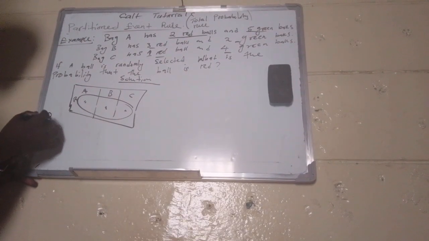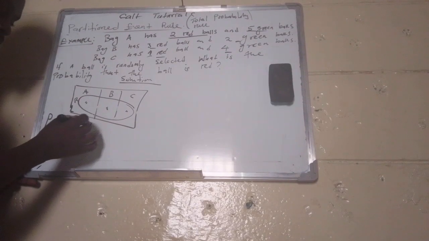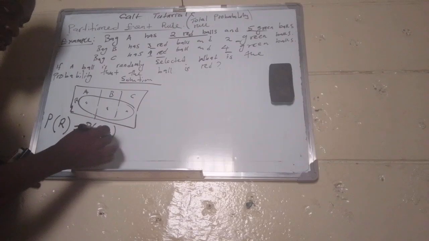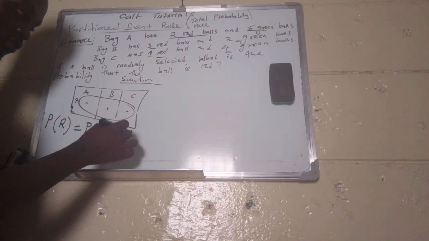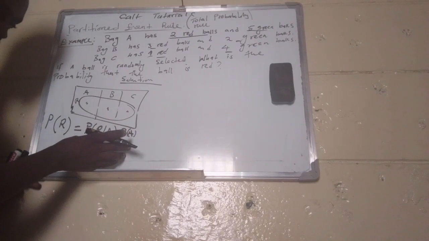The probability of red given that it is in A, multiplied by the probability of A.